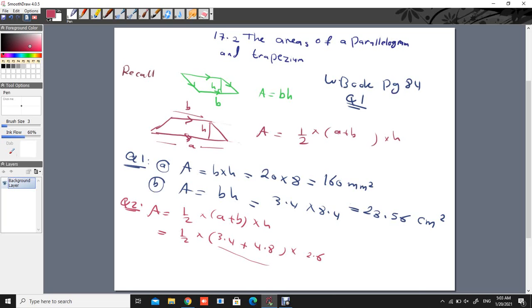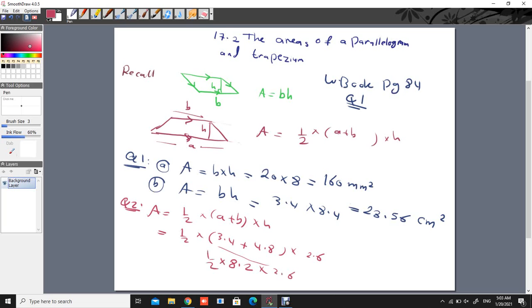First of all, you need to add the brackets, 3.4 plus 4.8, which is 8.2. This is 8.2 times half times 2.6.